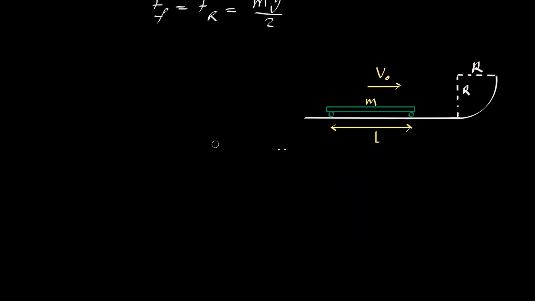So let's erase these dimensions here. We want to have the wheel exactly at the beginning of the curve path. So let me actually copy this.